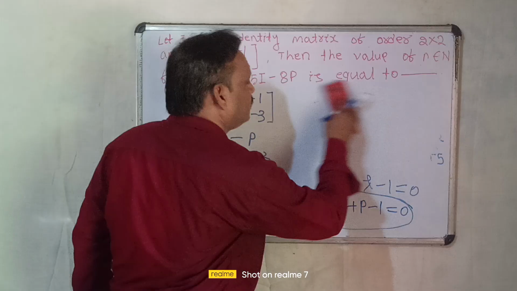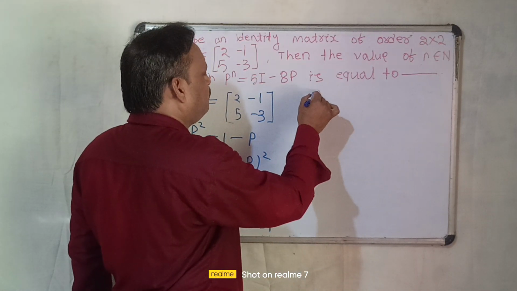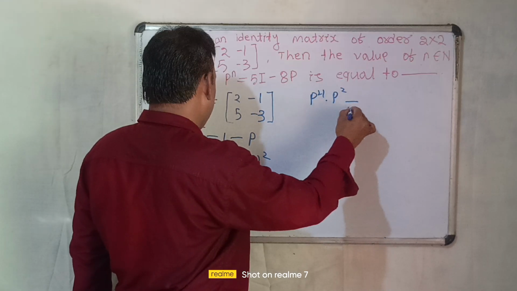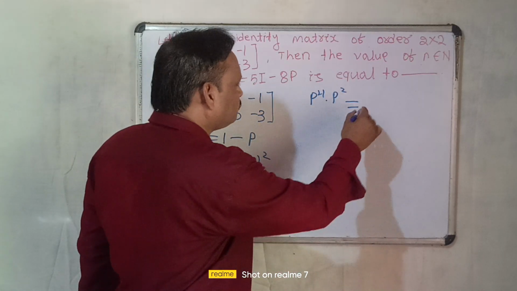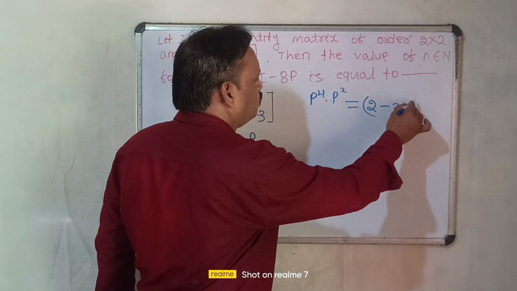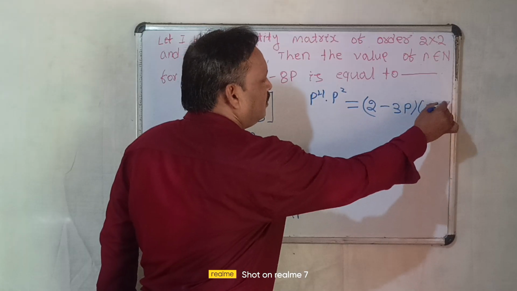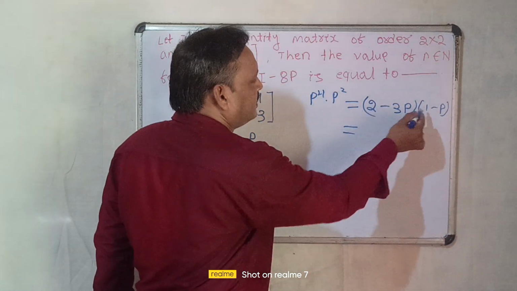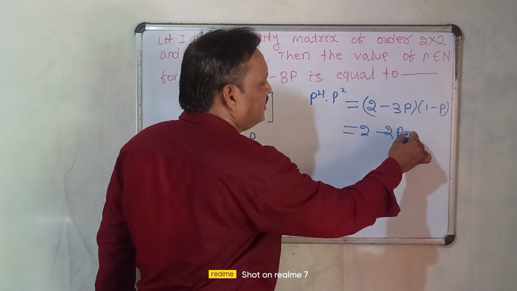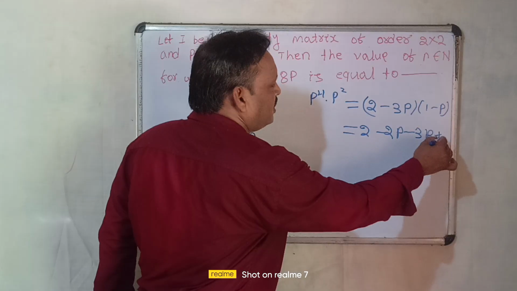Then P to the power 4 multiplied by P square will be equal to 2 minus 3P into P square, whose value is 1 minus P. After multiplication we get 2 minus 2P minus 3P plus 3P square.